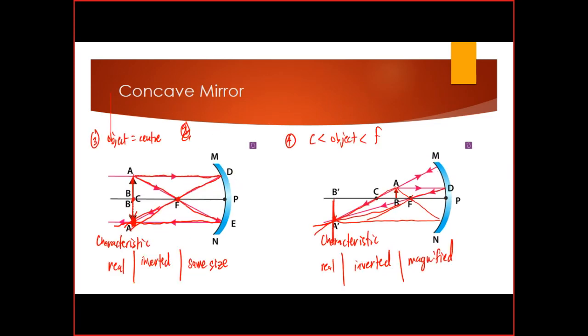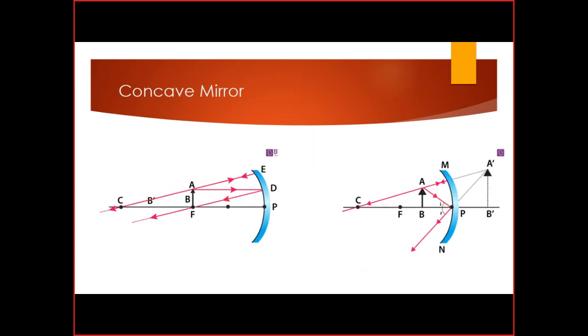Okay, so last time we had the object between C and F. Now we will look at what happens when the object is at F. This is, I think, the fifth situation, when the object is located at the focal point. So what will happen?